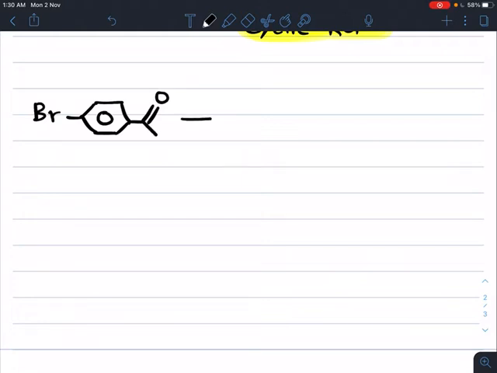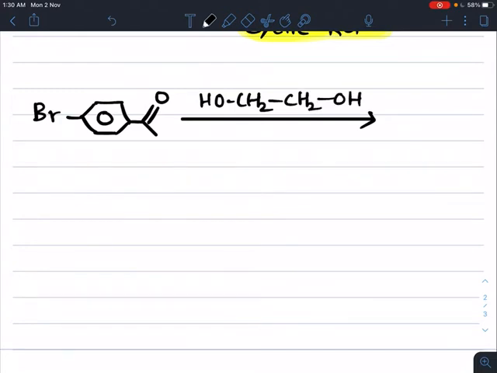The bond line formula of this compound is given in your textbook, and on the arrow HOCH2CH2OH is written, in presence of dry HCl. Then what is the product?